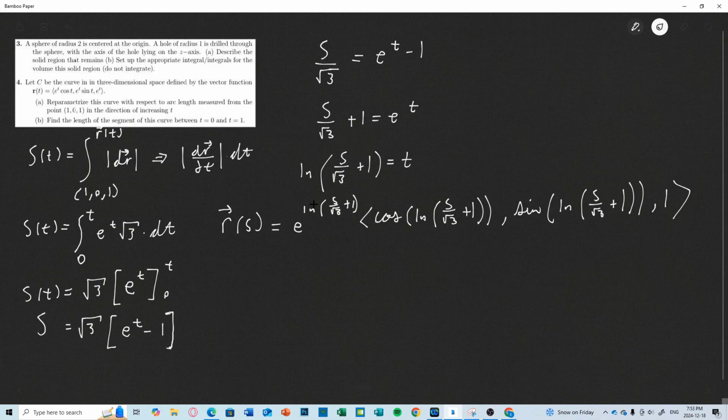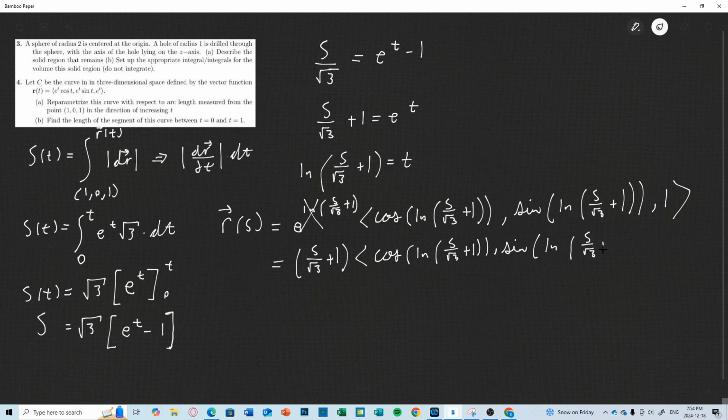However, if you notice, e and ln cancel, just giving us s over root 3 plus 1, and then cos of ln of s over root 3 plus 1, sine of ln of s over root 3 plus 1, and then 1. And this is what our reparametrized curve will be.